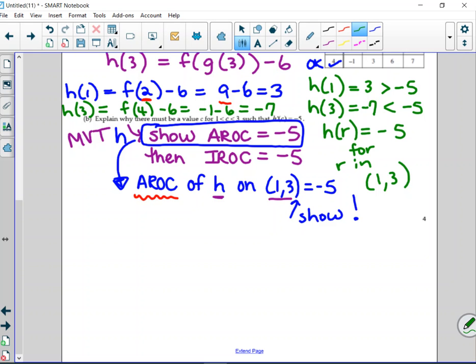How do you do an average rate of change?